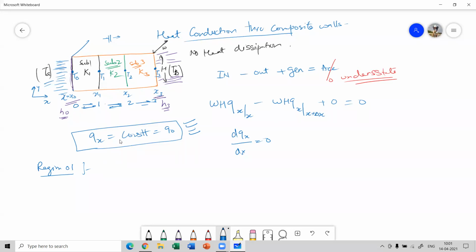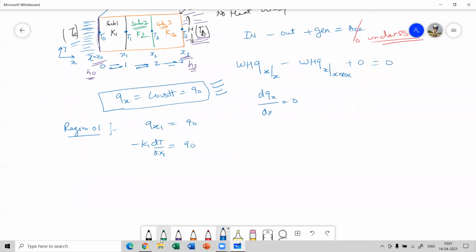If we introduce the Fourier law of heat conduction also, for region 0 to 1, Qx is Q naught, which is minus K1 dT by dx equal to Q naught. Similarly for region 1 to 2, Qx is Q naught, which is minus K2 dT by dx equal to Q naught.